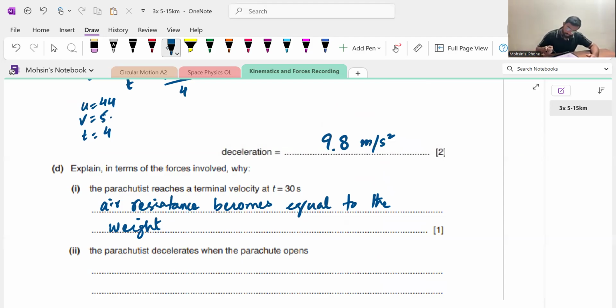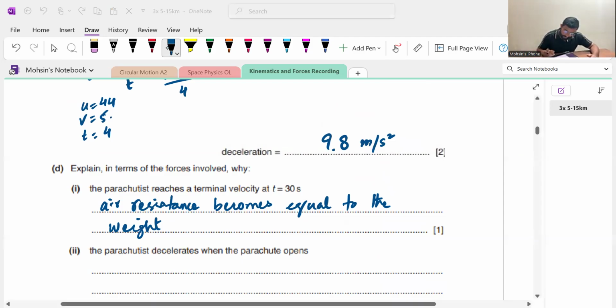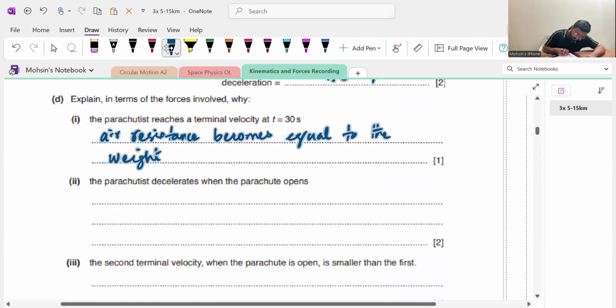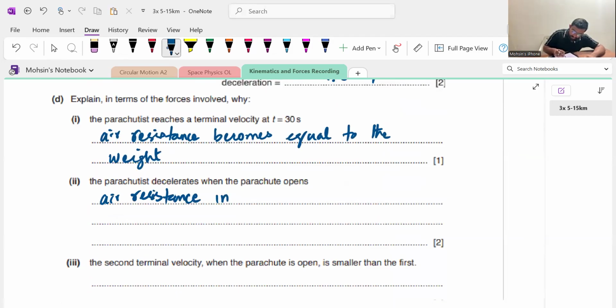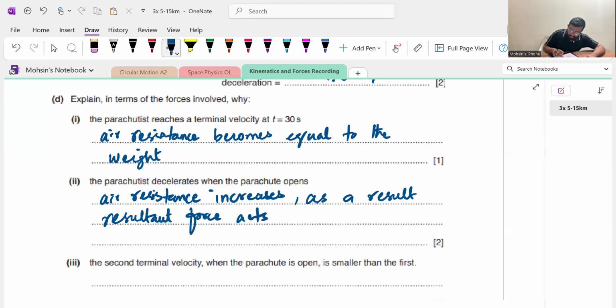So what are we going to write here? We will write the air resistance increases, 2 marks. So air resistance increases, which as a result, the resultant force acts upward.